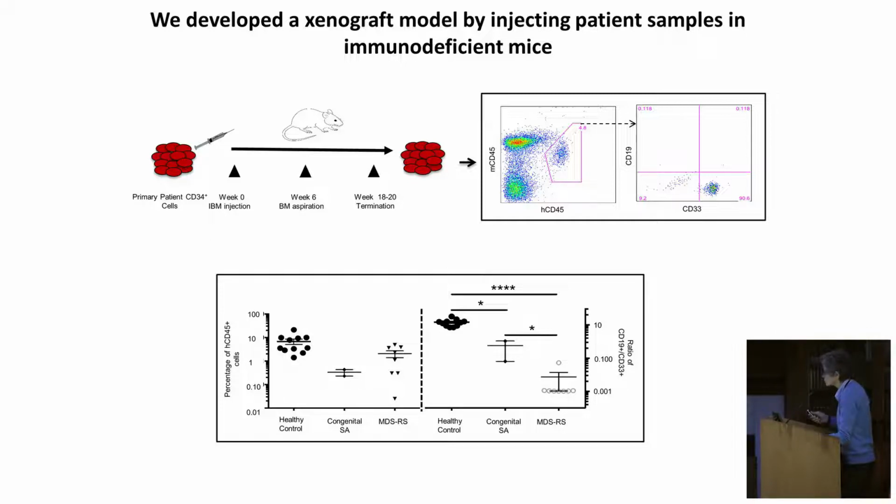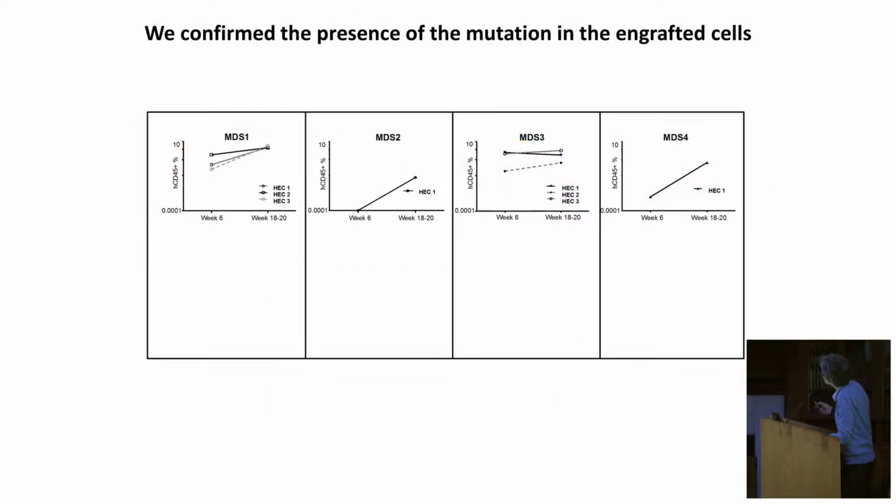So this is just to show you the kinetics of engraftment at 6 weeks, and we pushed the engraftment to around 18 to 20 weeks, and indeed if you wait a little bit longer for some of the patients, you see that the engraftment increases over the months. We did the same analysis from these mice, taking the cells out of the mice and looking at what population of cells.